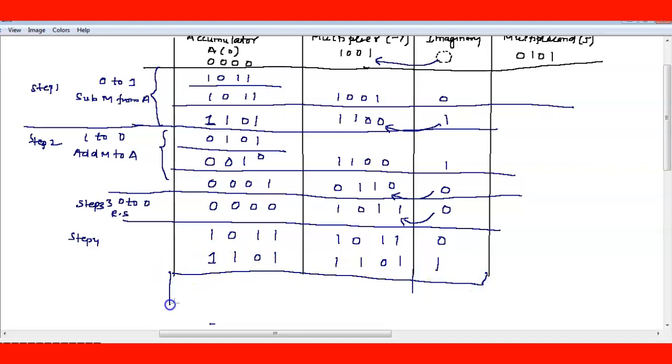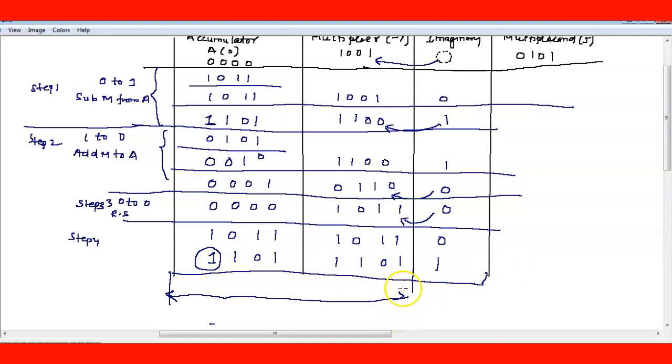The result in A and Q, the multiplier, will be our answer. This is our final answer. The MSB of this number is 1, which means it is a negative number. If you want to know the actual value, you can find the second complement of this.